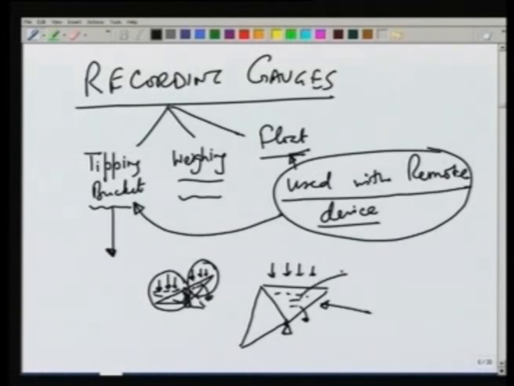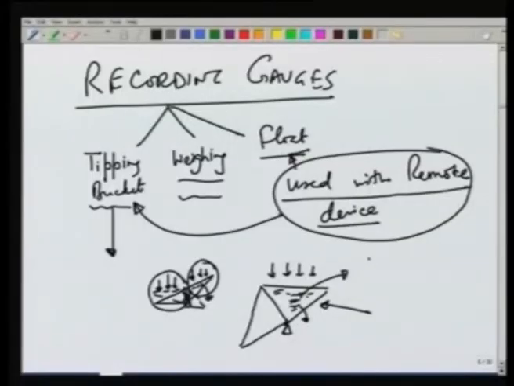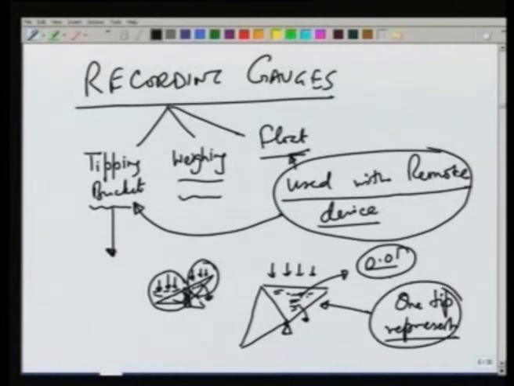So, this time of filling will be recorded, and we will know how much time it will take to fill this bucket capacity. So, typically it is about 0.01, which means that one tip represents some amount which may be 0.01. This amount is dependent on us, what design we make.